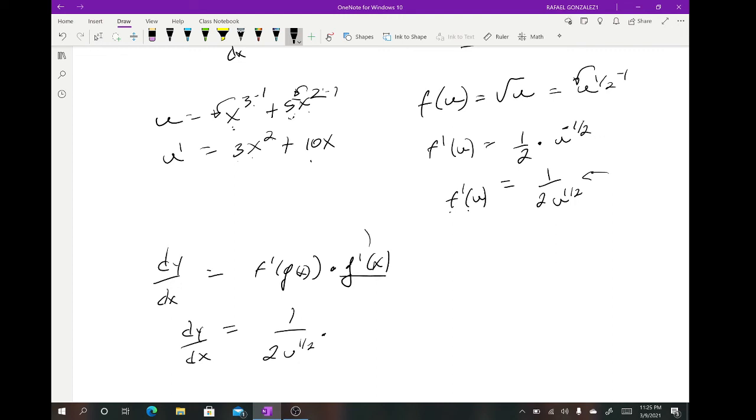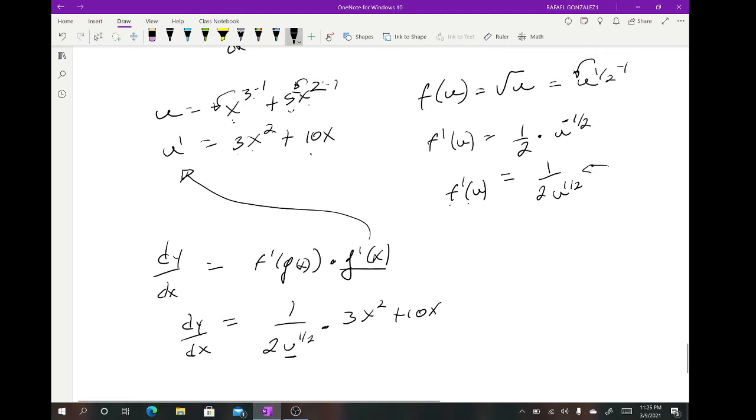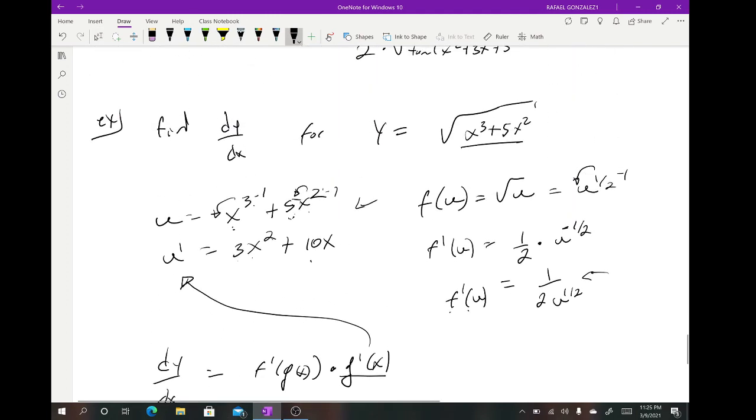In this case, our g prime of x is what we're calling u prime, and that's going to be equal to 3x squared plus 10x. But this problem was given to us in terms of x, so we have to turn that u back into what it originally was, which is x cubed plus 5x squared from up here.